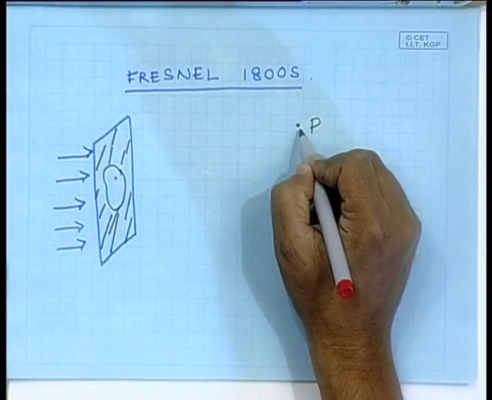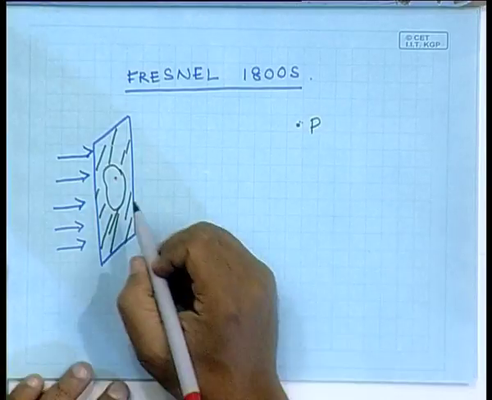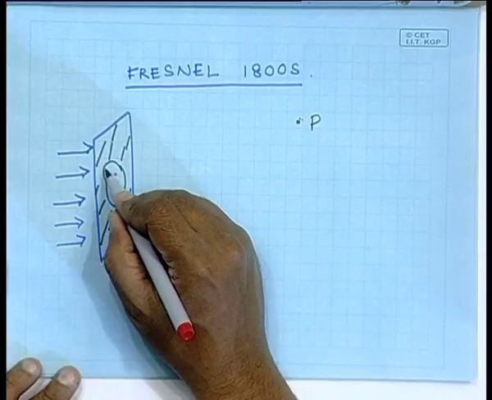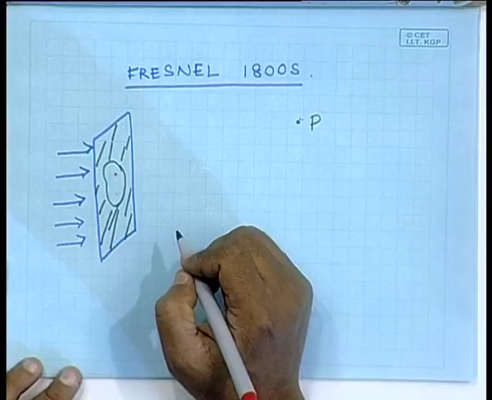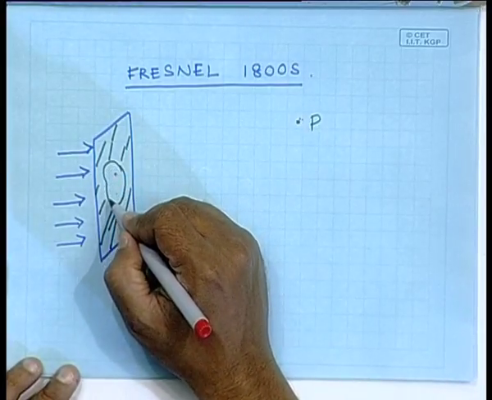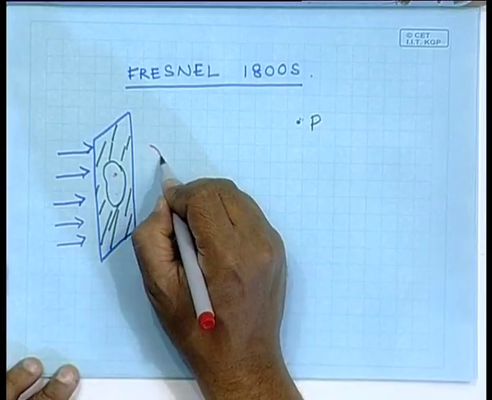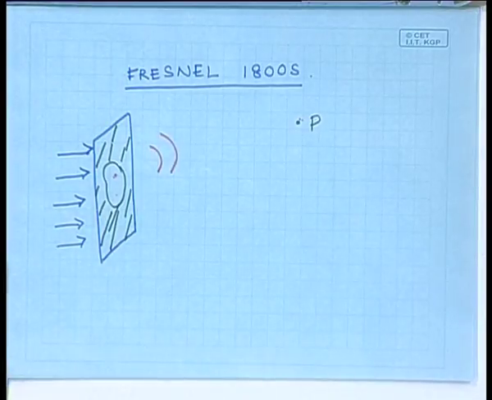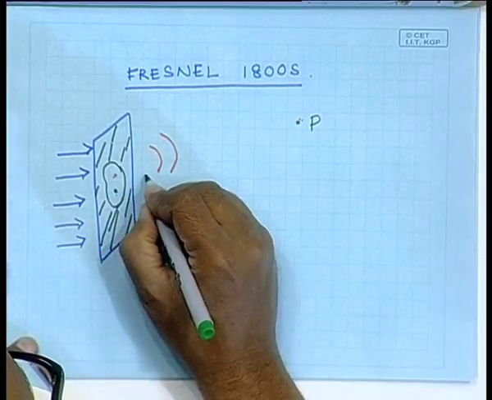And if I wish to calculate the resultant intensity here, I should superpose the waves, the secondary waves emitted from all of the points on this aperture. Each point on this aperture is going to act like a separate source. To find the resultant here, I should superpose the secondary waves emitted by all of these sources. So, this point over here is going to emit a secondary wave, and another point on this is also going to act like a source which is going to emit a secondary wave.